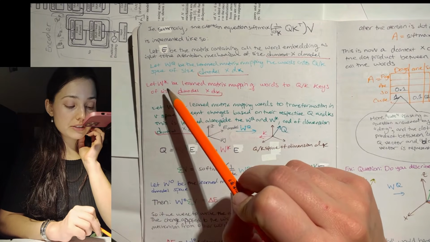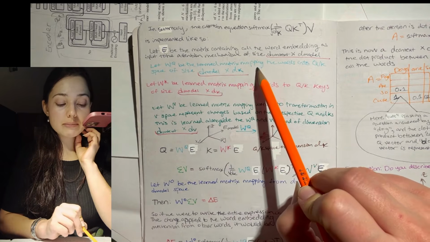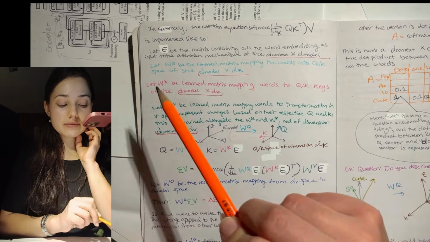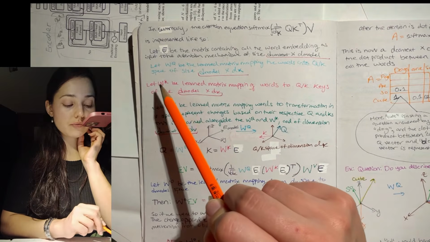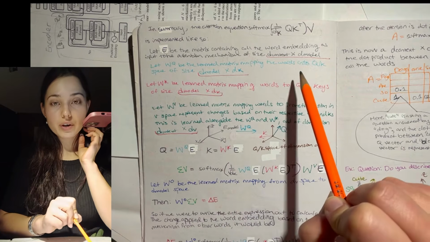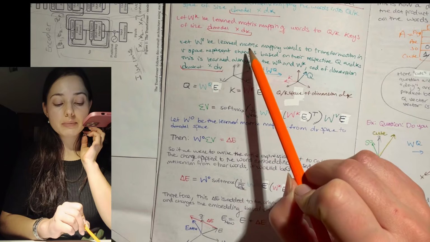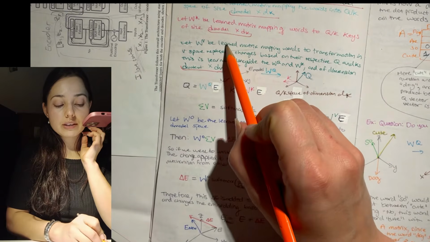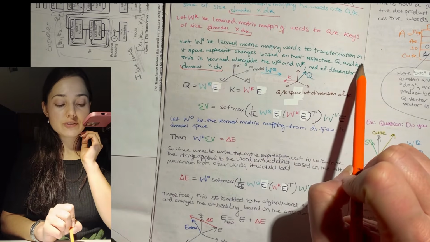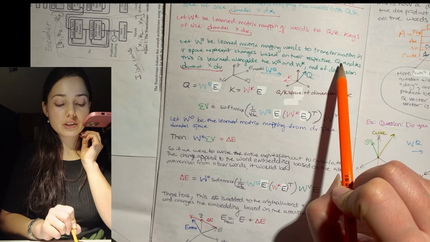And then we have the 3 different matrices. So let WQ be the learned matrix mapping the word embeddings into query space with this kind of dimension. WK is the learned matrix mapping the words into key space, and WV is the learned matrix. Learned matrix is important because we're learning these, mapping the words to transformation in V space, representing changes based on their respective Q's and K's.